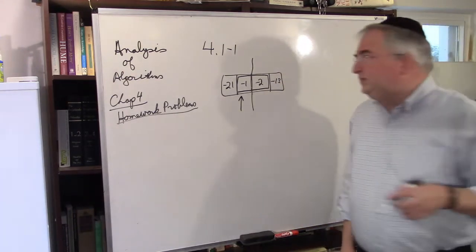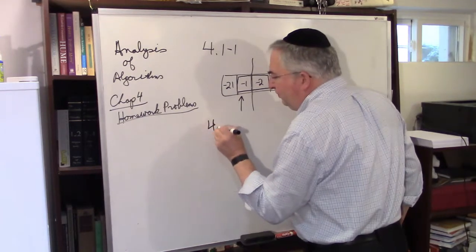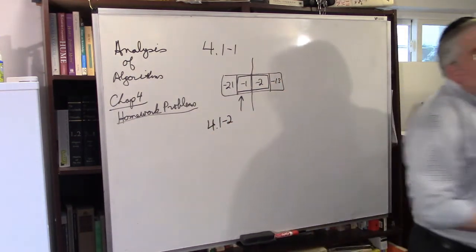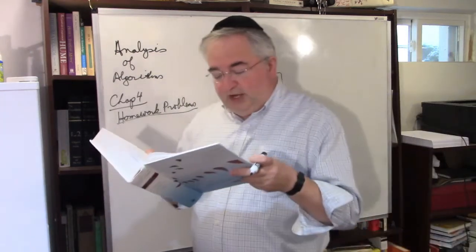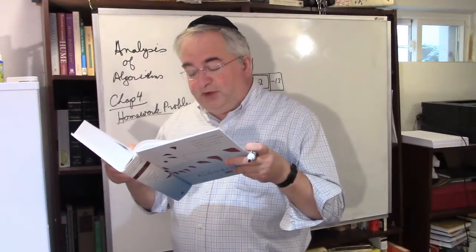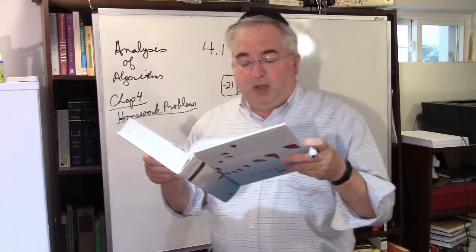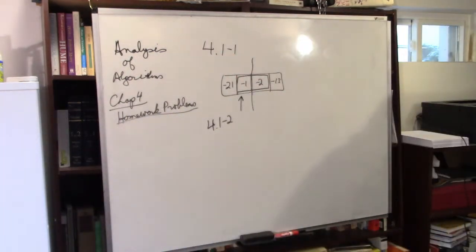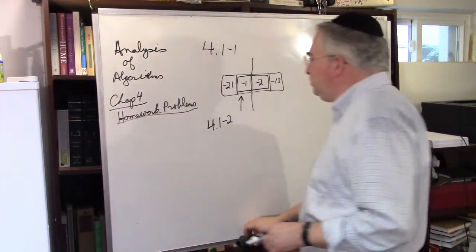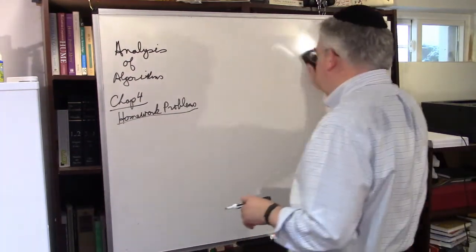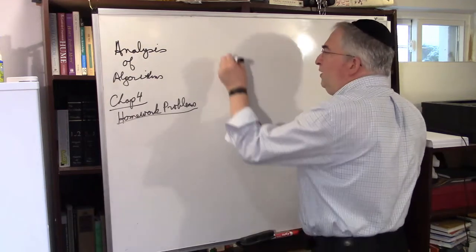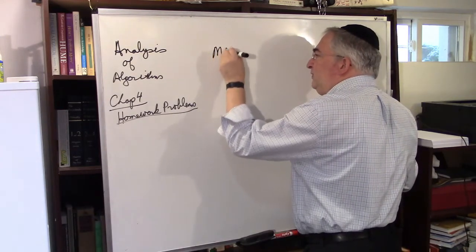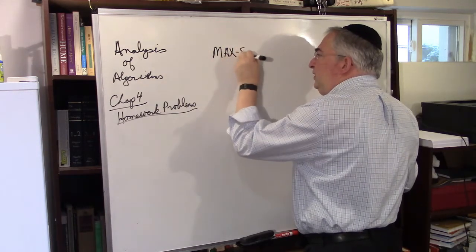Next, section 4.1-2. We did this in class, but it's worth seeing again. Write pseudocode for the brute force method of solving the maximum subarray problem. Your procedure should run in O of n squared time. It's a nice algorithm, so let's call it max subarray.